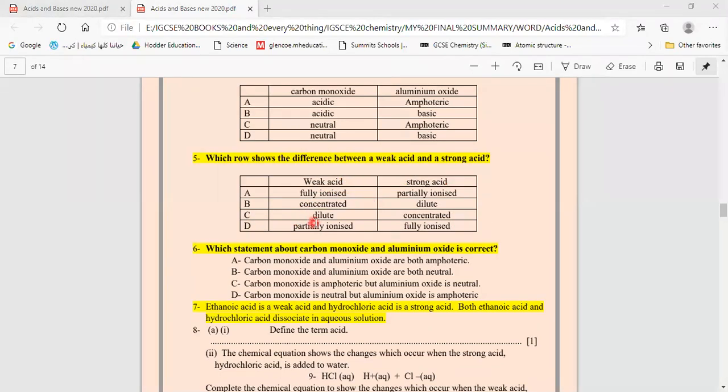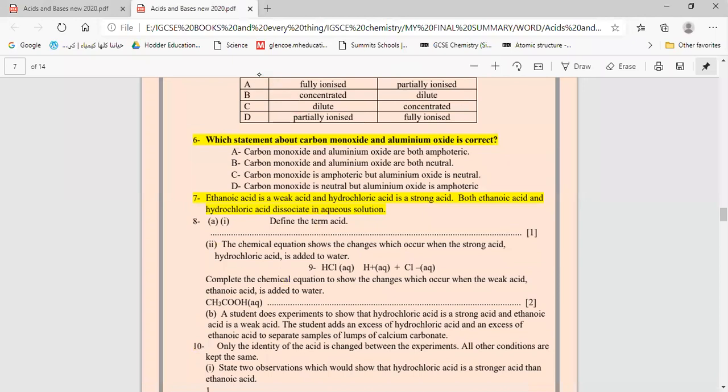Next one, number 6. Which statement about carbon monoxide and aluminum oxide is correct? This is the same question, but with a different arrangement. Carbon monoxide, CO, is a neutral oxide.